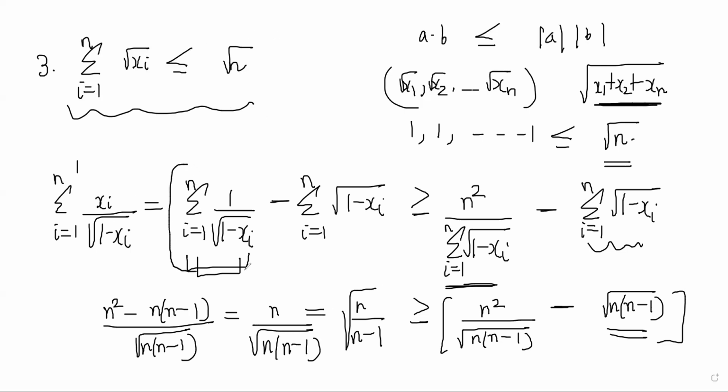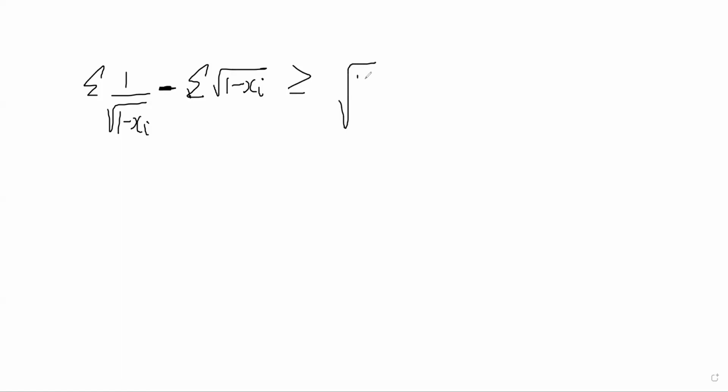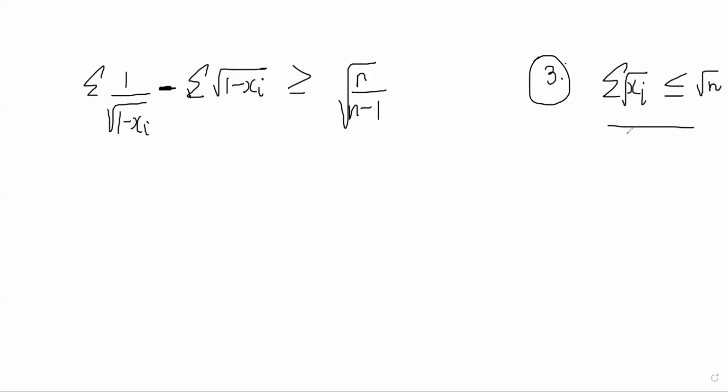basically we have said LHS is here, that is greater than or equal to this, right? So I'll just use that. So I'll say summation 1 by root over 1 minus xi minus summation root over 1 minus xi is greater than or equal to, I have established, root over n by n minus 1. And we have already seen earlier in point 3 that summation of root xi is less than or equal to root n, right?